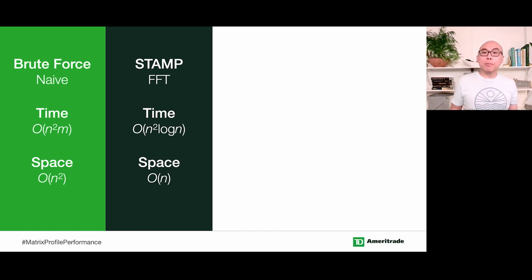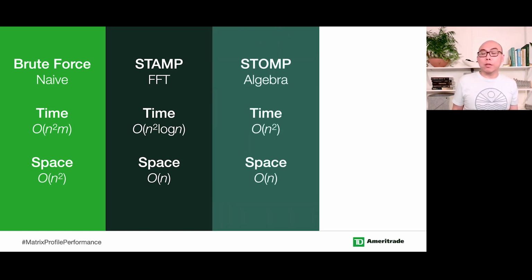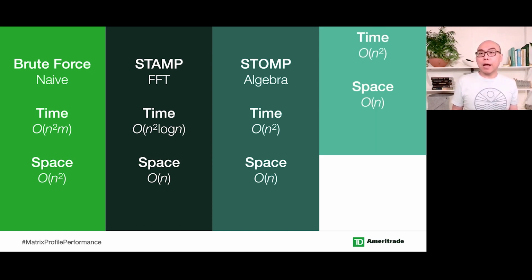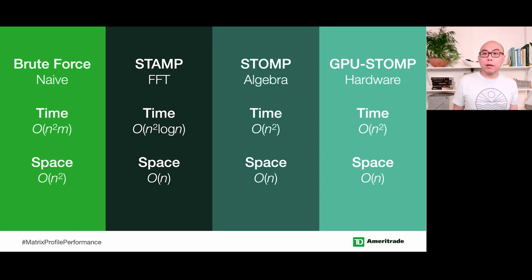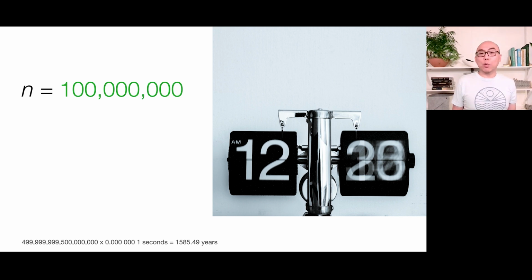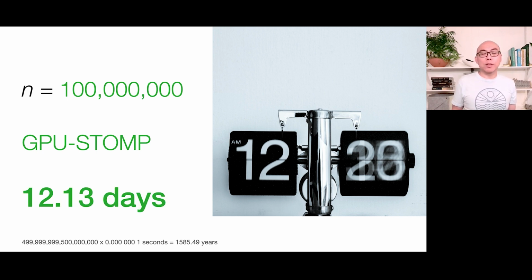They then published a follow-up paper with an algorithm called STOMP, which further takes that time down to O(n squared). And then they ported that algorithm over to GPU hardware and showed that for a time series of length 100 million, which is double the number of data points that we showed for that brute force calculation, using the GPU algorithm, they were able to compute an exact matrix profile in just over 12 days.